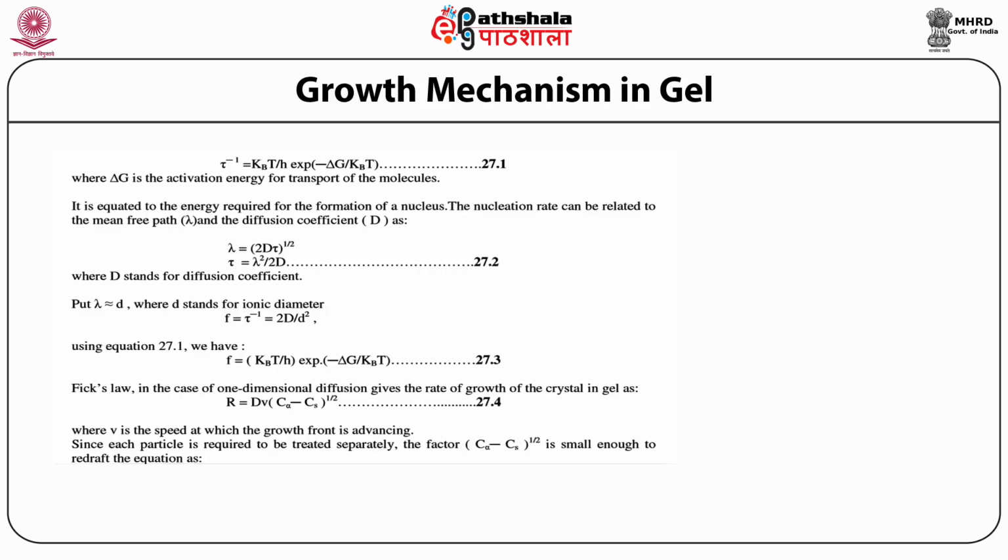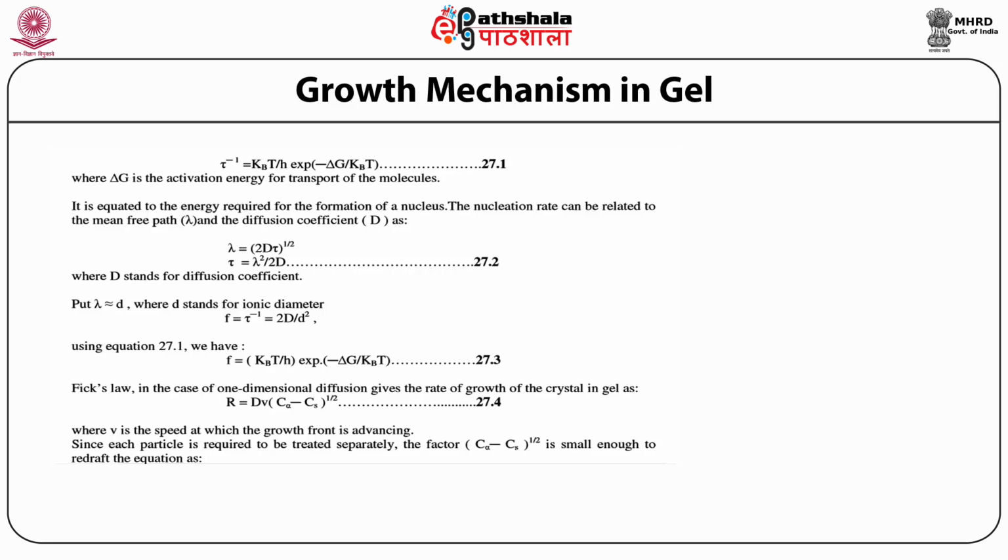The nucleation rate can be related to the mean free path λ and the diffusion coefficient D as λ equal to (2Dτ)^(1/2), or τ equal to λ² by 2D, which is referred to as equation 27.2.